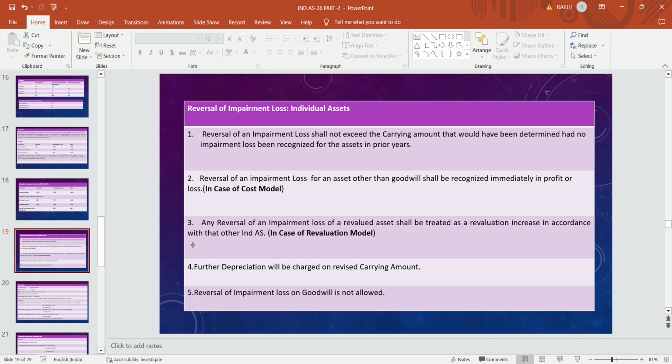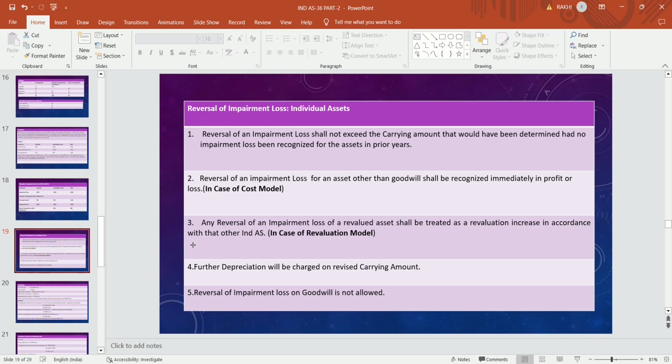Any reversal of an impairment loss of a revalued asset shall be treated as a revaluation increase in accordance with other Ind AS standards. Further, depreciation will be charged on the revised carrying value, and reversal of impairment loss on goodwill is not allowed. Means reversal of goodwill is not allowed; in case of other assets, reversal is possible.